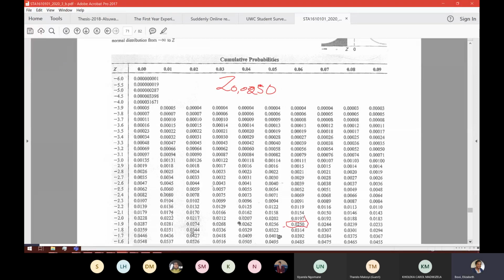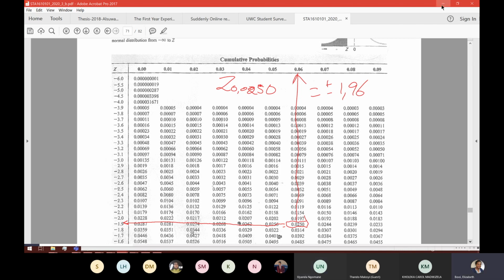Since I've located it, I will go up on the table, and I can see that this value corresponds to 1.9 on the side and 6 at the top. I'm going to put the plus or minus. It's not necessary, but then we have both sides covered. And that will be my critical value on the Z table.